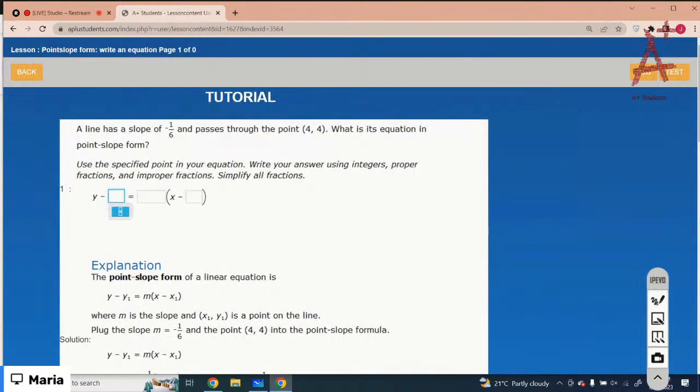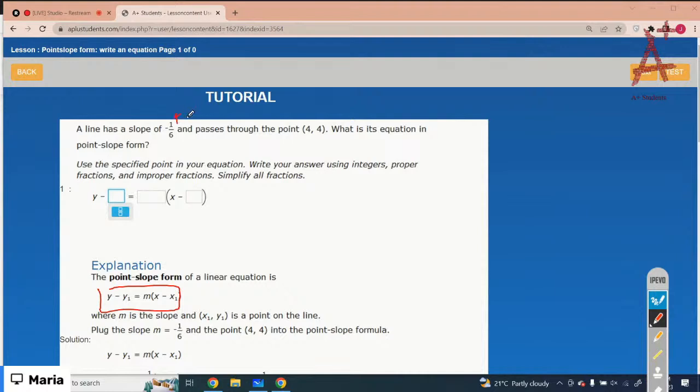So basically the point slope form of the linear equation is y minus y1 equals m times x minus x1. That is the point slope form of the linear function. Got it? So let's do an example.